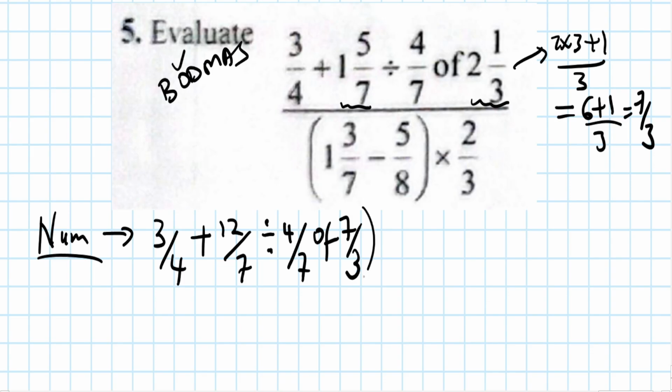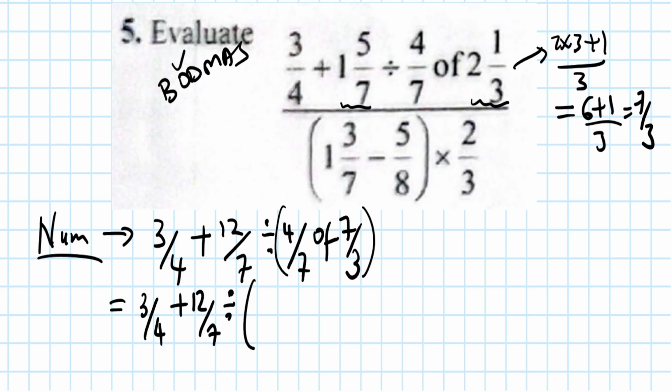Starting with "of": 3 over 4 plus 12 over 7 divided by 4 over 7 times 7 over 3. 4 over 7 times 7 over 3 is 4 over 3.